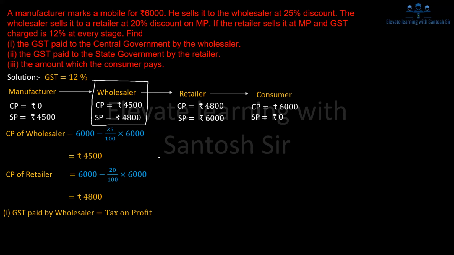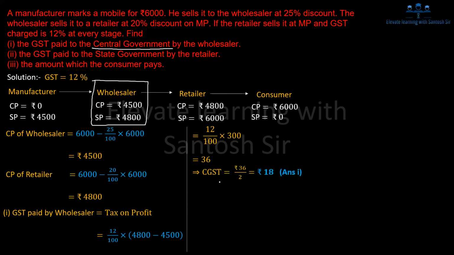So with the help of all this information, we can say wholesaler will pay a GST of 12% of 4800 minus 4500, which will be nothing but 12% of 300, which is nothing but 36 rupees. But the question is asking how much did he pay to the central government. We know that if the total GST paid by him is 36 rupees, both the governments will share equally. So CGST will be rupees 36 upon 2, which is nothing but rupees 18.